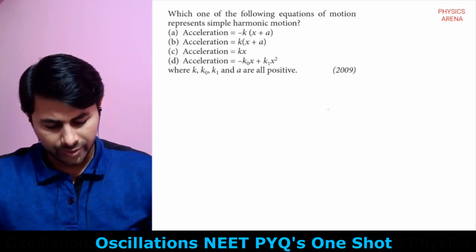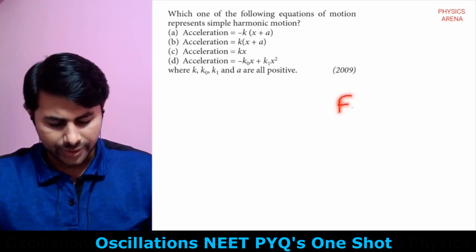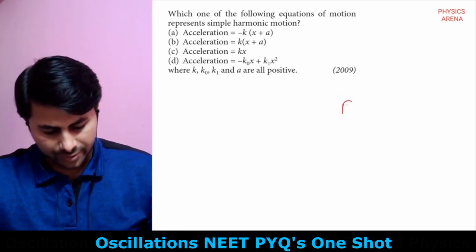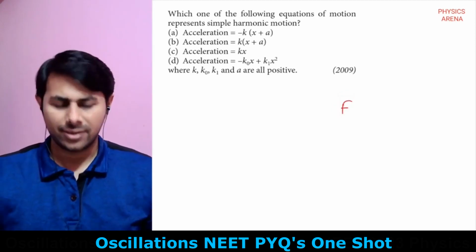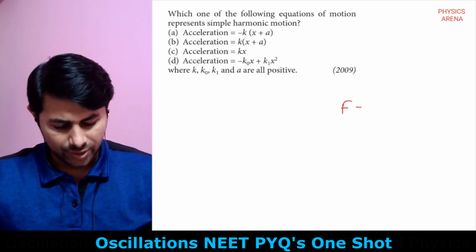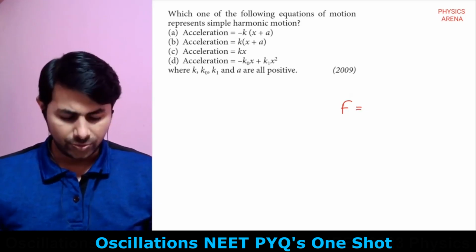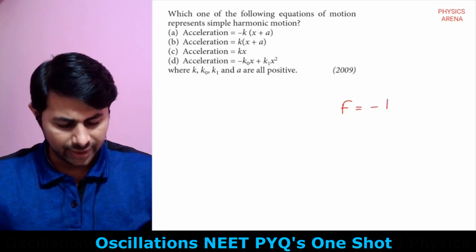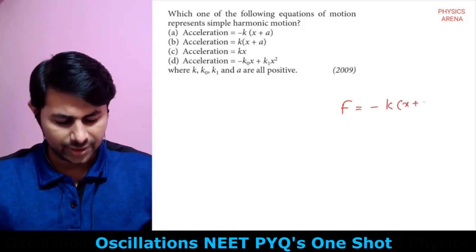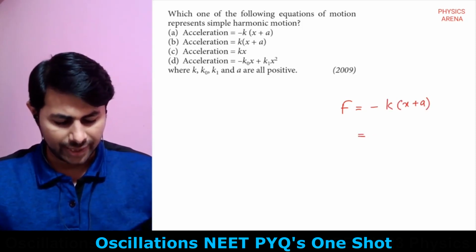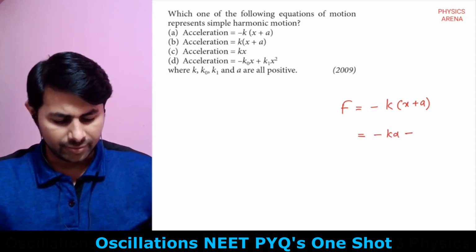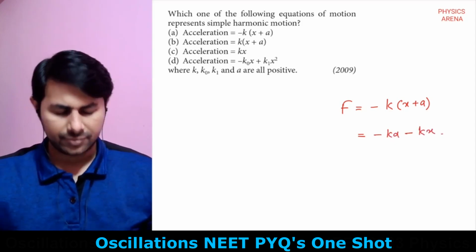Because you want a force which is always directed towards the mean position. So here, let's suppose mass is equal to 1. So force is minus k times (x plus a), that is minus ka minus kx.